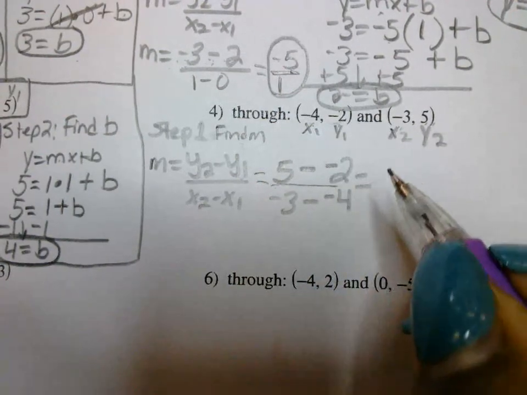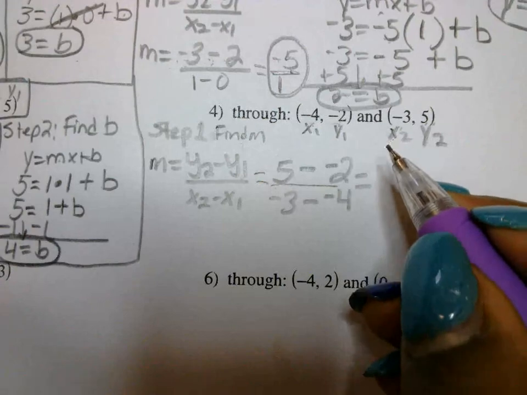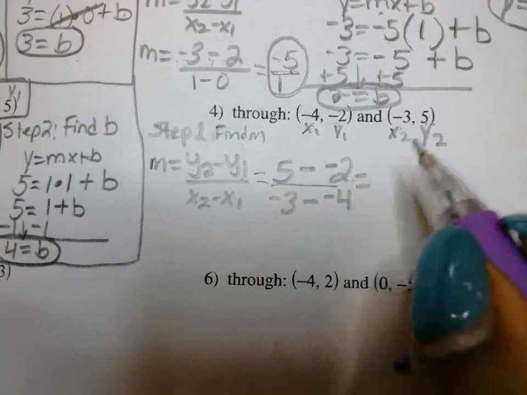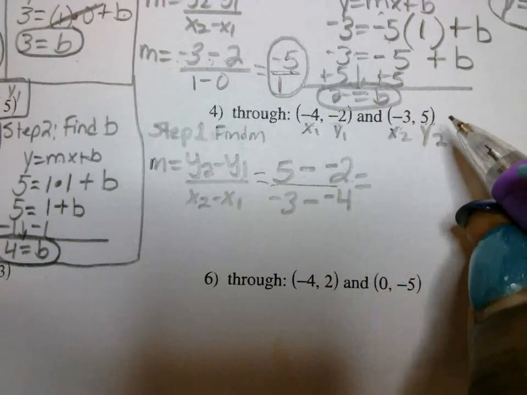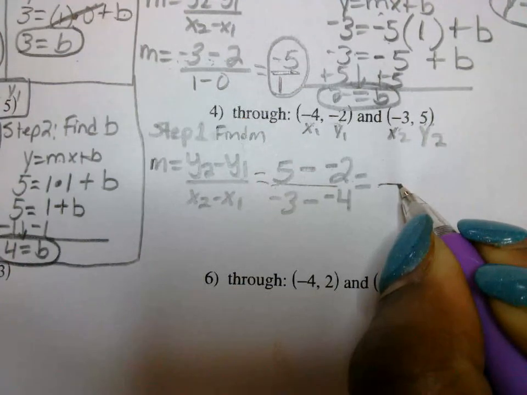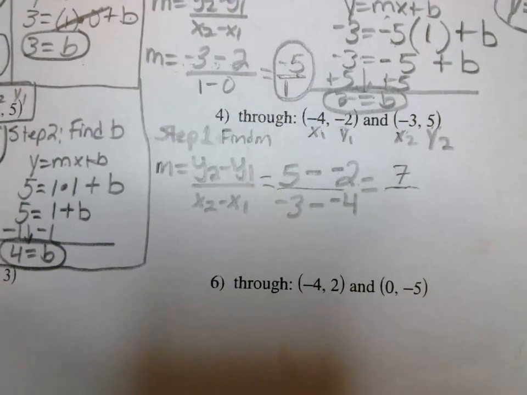If you have forgotten your rules for integers, you can type it in the calculator. What is 5 minus a -2? Not quite. Very good guess, though. Positive 7. Very good. Okay.